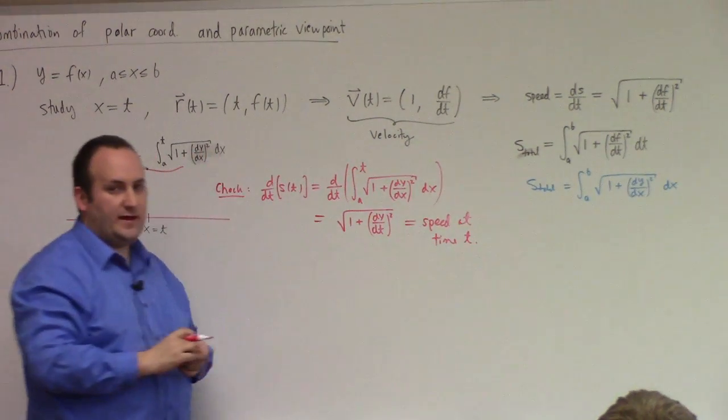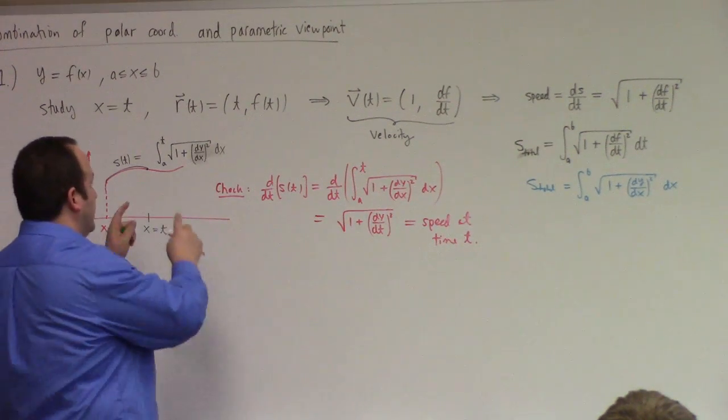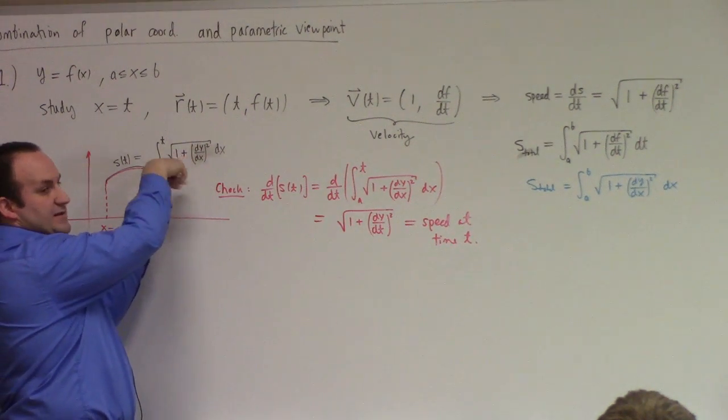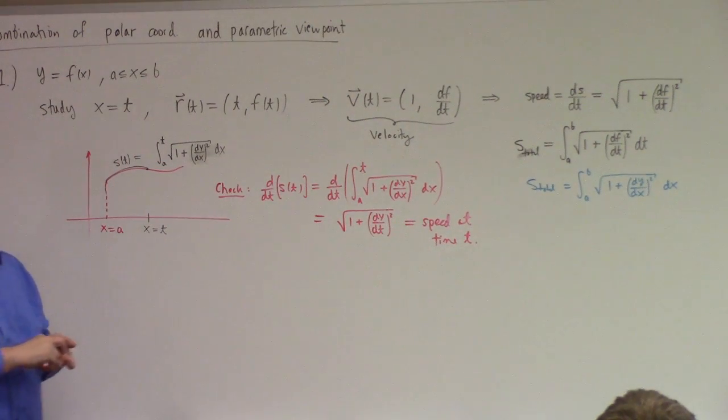So if you don't like the way I quote-unquote derived the speed the other day, you could define arc length as a function of time by just integrating this quantity, the magnitude of the velocity, over the requisite parameter domain, from some base time to the time you're interested in, and that will give you the arc length as a function of time.